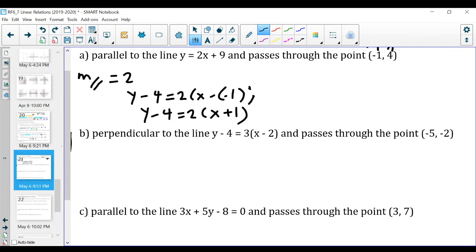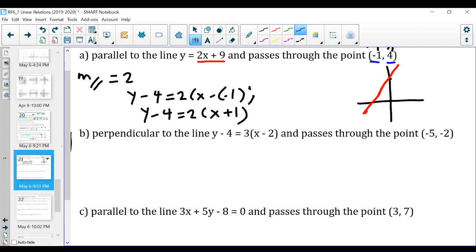So just to give a visual of what that'll look like, if we were to quickly sketch the original line, 2x plus 9, you have a slope of 2 and a y-intercept of 9. So it'd be something like this. And now the next line, y minus 4 is equal to 2 times x plus 1.